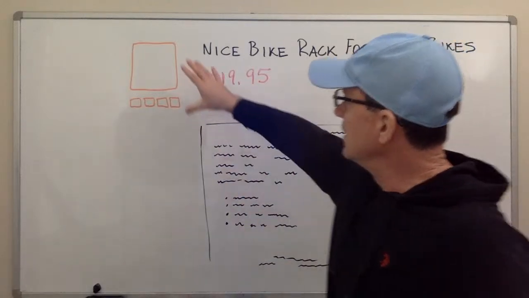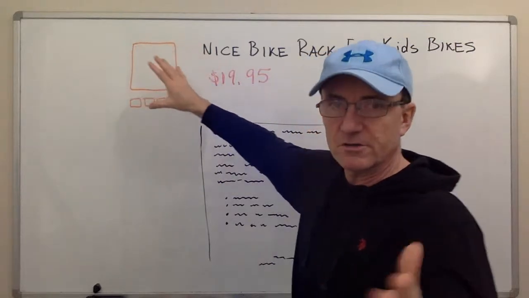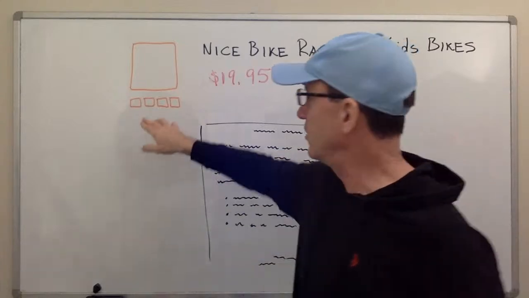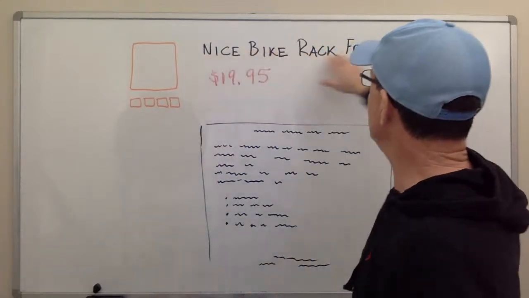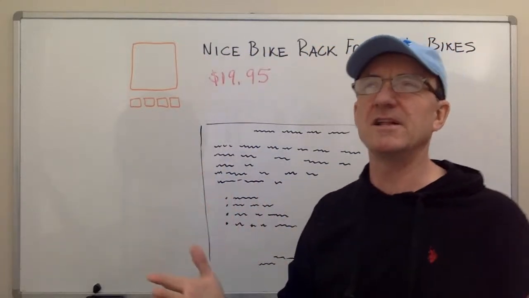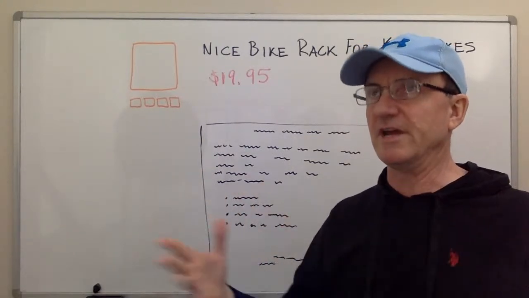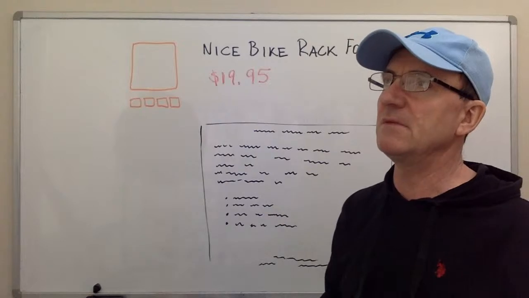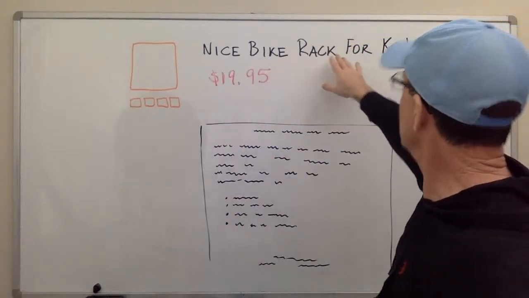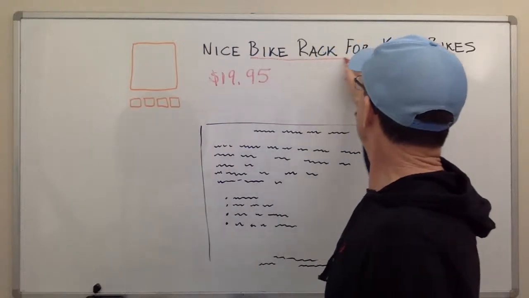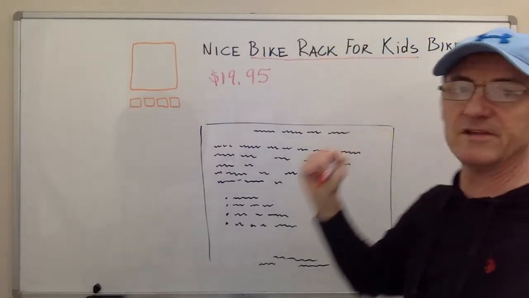Okay, so this is your picture, your product picture. And then you know those pictures you got below on your listing. This would be your title. Let's say we are selling today, for this example of how to rank on eBay's top, a bike rack for kids.